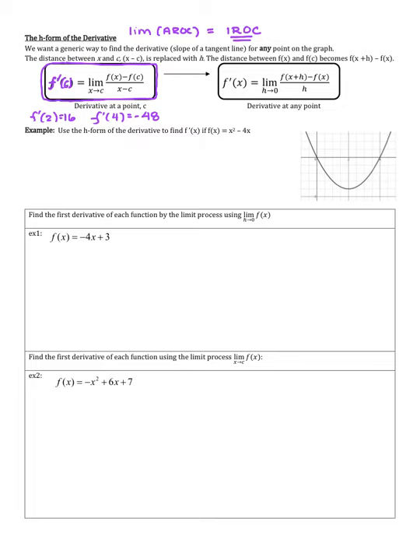Okay, now the idea there is you have two separate points. The x value is approaching that c value. We can rewrite this equation so that we don't have to look at two separate points, we only have the one. So what we're going to do is substitute h where you see x minus c.